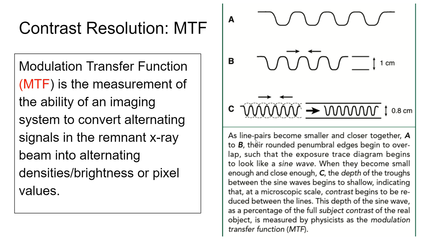So let me kind of spell this out a little bit. So as the line pairs become smaller and closer together, so they're smaller here and closer together, right? The rounded penumbral edges, so these parts here, right, start to overlap. So you're seeing that in section C here.